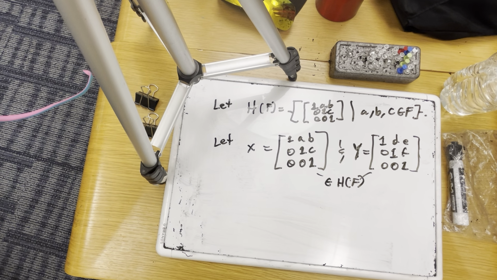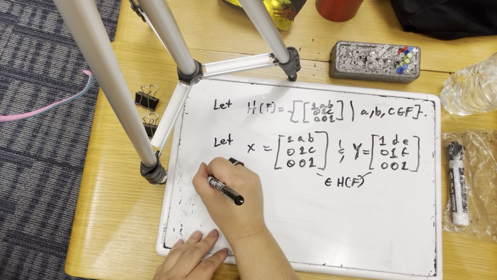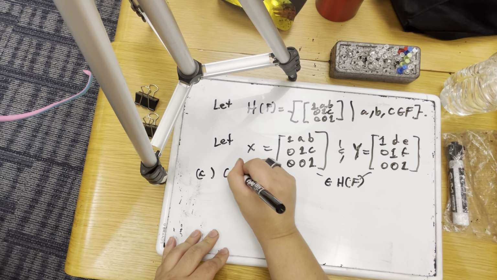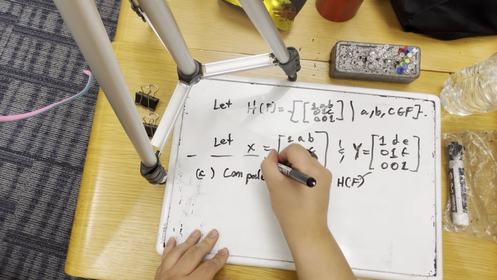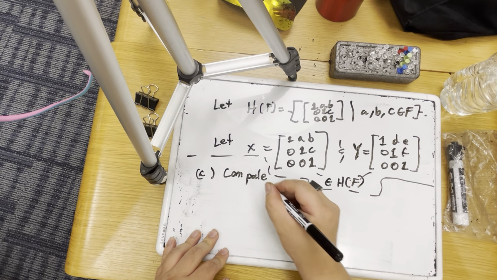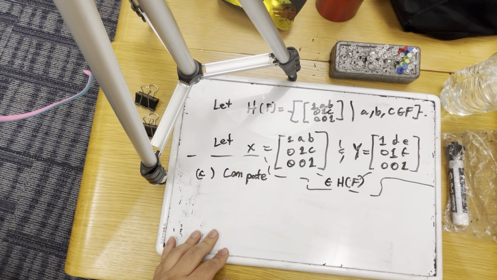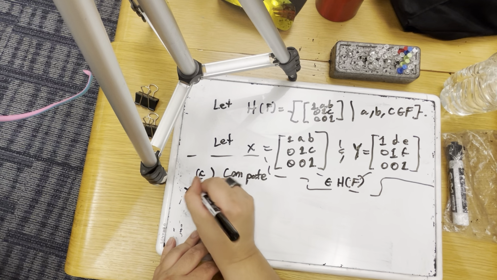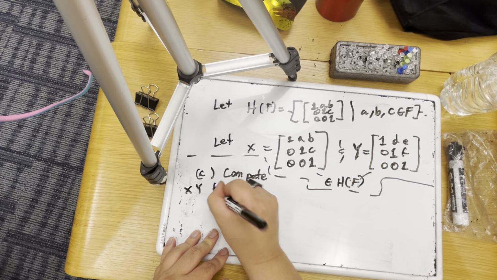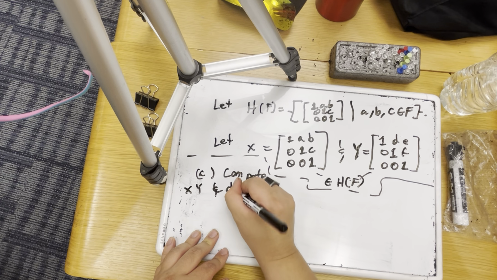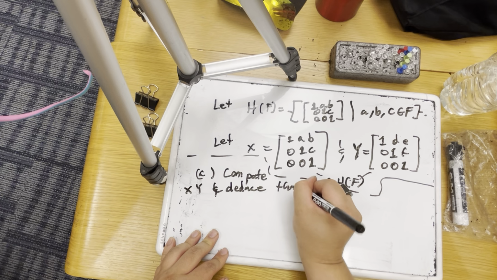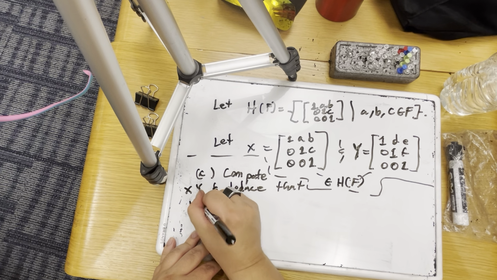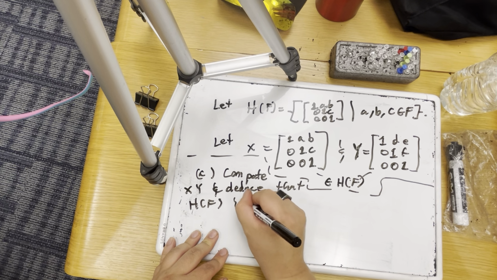All right, so this is broken up into multiple parts like the previous one. So for part A, let's compute, we're told compute xy and deduce that H of F is closed under multiplication.